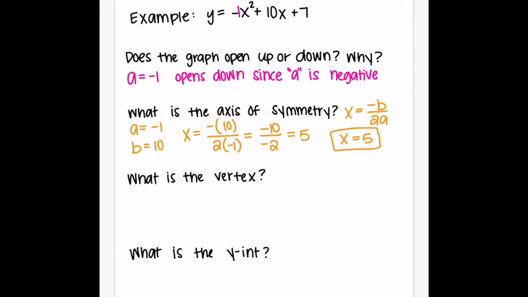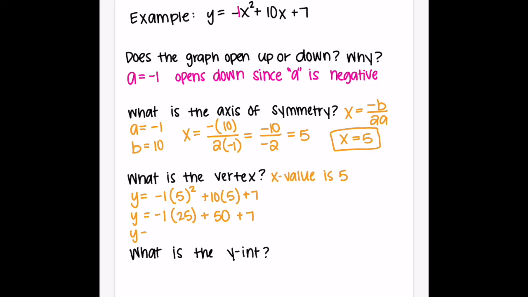So the x value of the vertex is 5. So now we're going to plug this in. So y equals, now we're going to plug in 5 to find the y value of the vertex. Right, now simplifying. So negative 1 times 5 squared is negative 1 times 25 plus 10 times 5 is 50, and then add that 7 on the end.